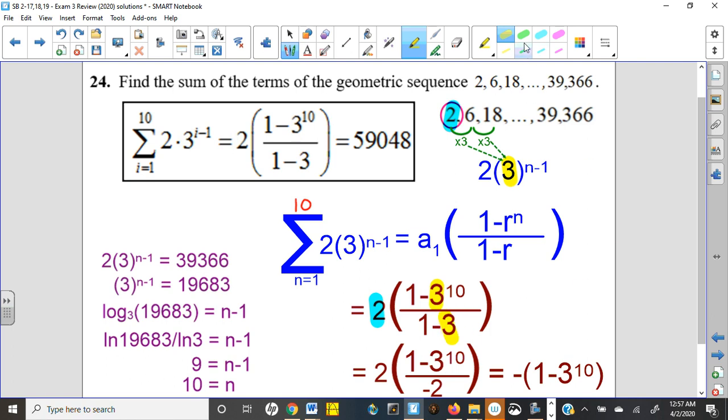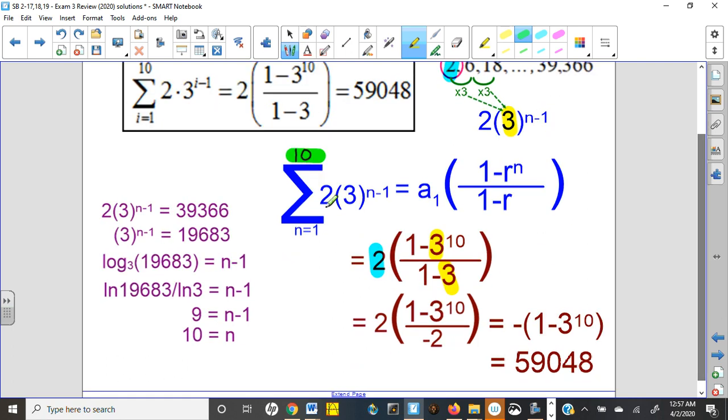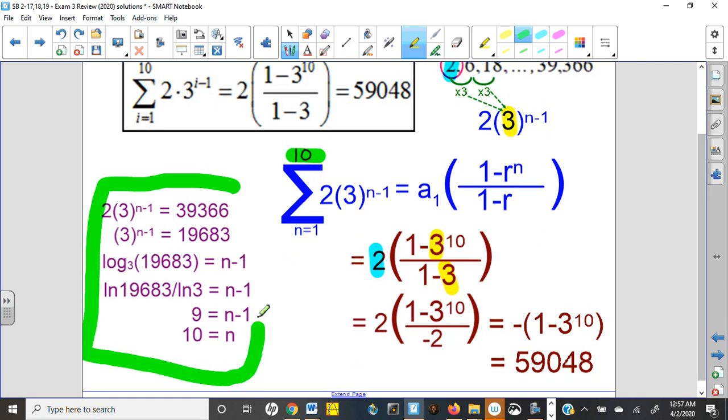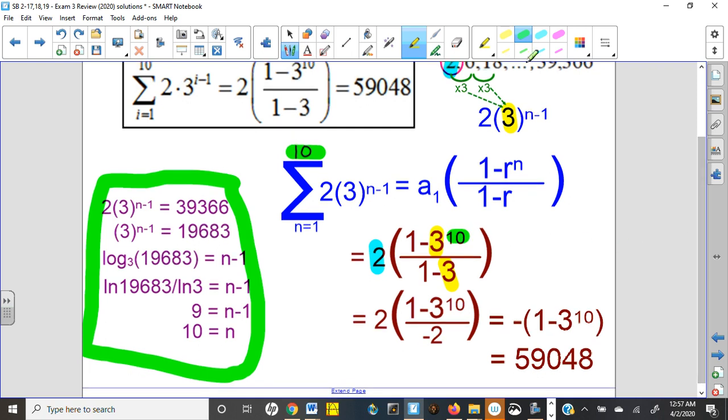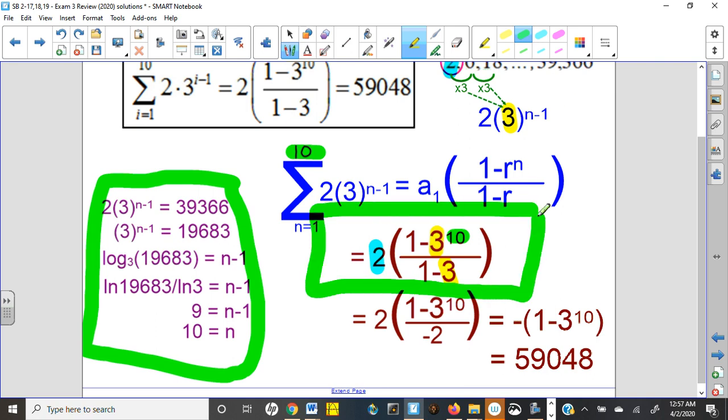And then the hardest part to solve for is how many terms there are. That's what we had to do over here, right? Solve for n. And so that's where the n goes. And then it just comes down to plugging it in your calculator. I think technically you could plug it in just like this, okay? As long as you were careful with making sure everything matched up.